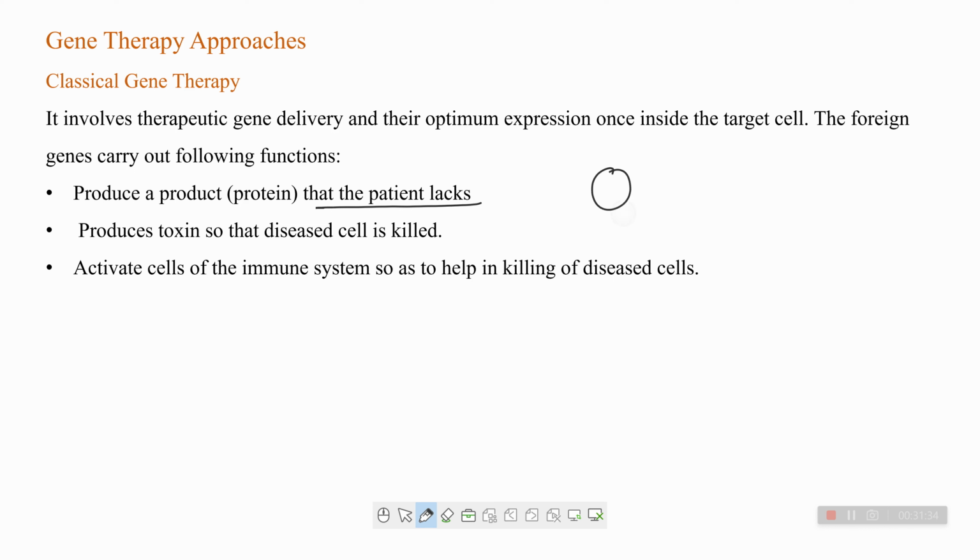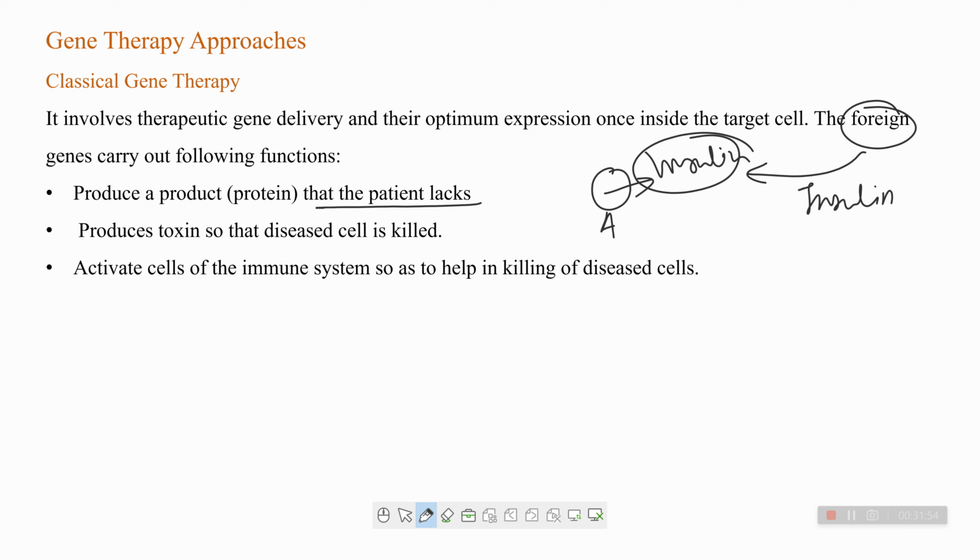Suppose this A is a patient. This patient A lacks some protein, like they lack insulin protein, right? Then the foreign gene carries that protein, meaning insulin protein, and transfers it into patient A, right?